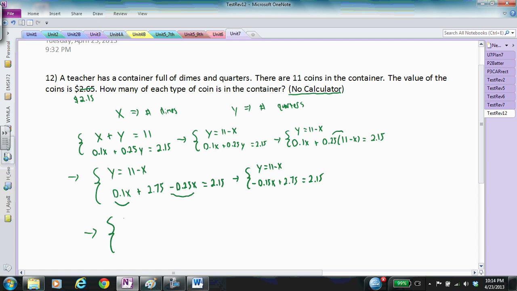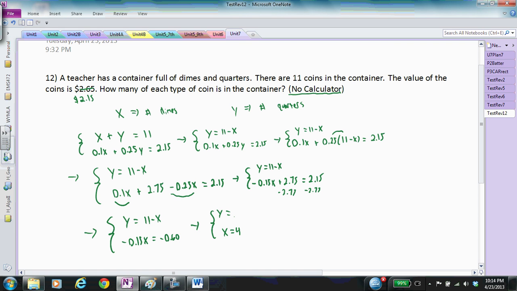So now I can subtract 2.75 from both sides, and I get that negative 0.15x equals negative 0.60. So dividing both sides by negative 0.15, I get x equals 4.